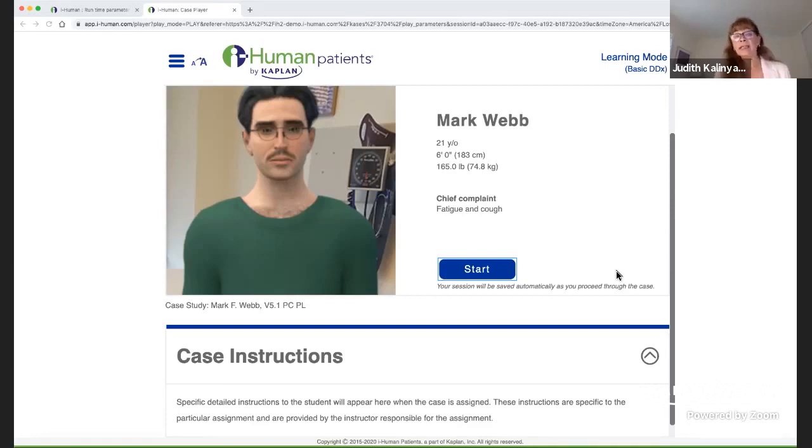So that's the task at hand. And Mark Webb is your first patient. You were handed his chart because you're new to the clinic, you don't know any of the patients, and we're asked, okay, try to diagnose Mark. Does he get one of those rare COVID kits or not? So let's get started. His chief complaint, fatigue and cough. Now it's in your hands as medical students. What do you want to do at this point in time?